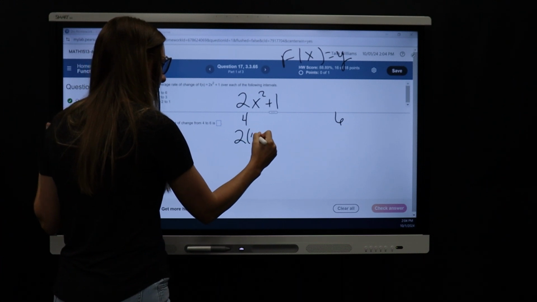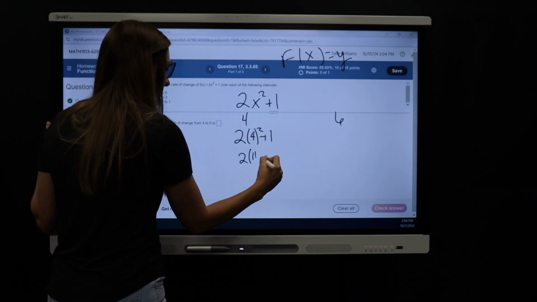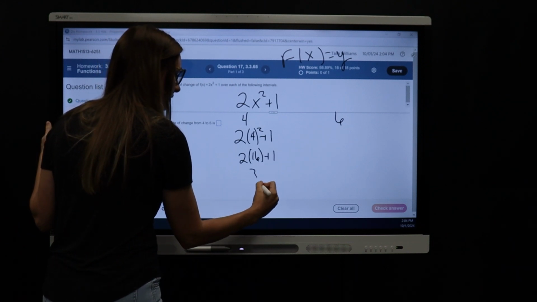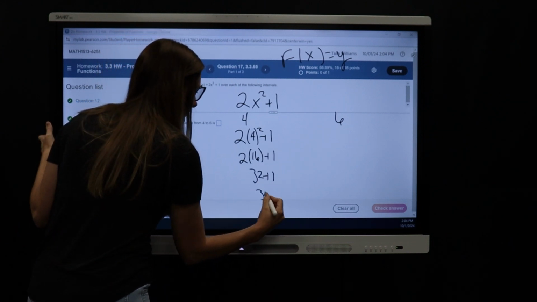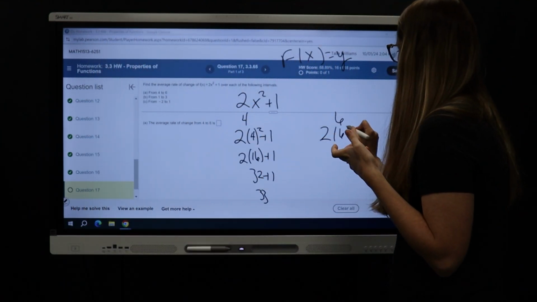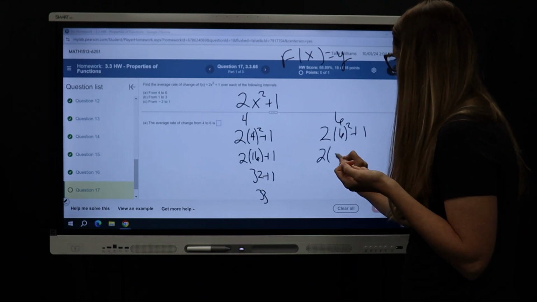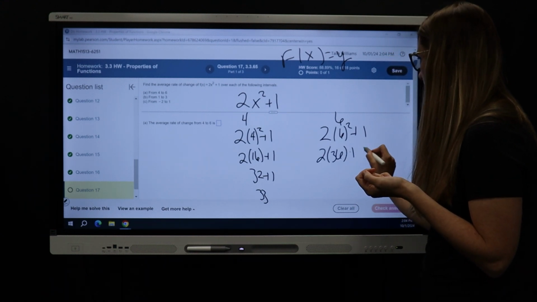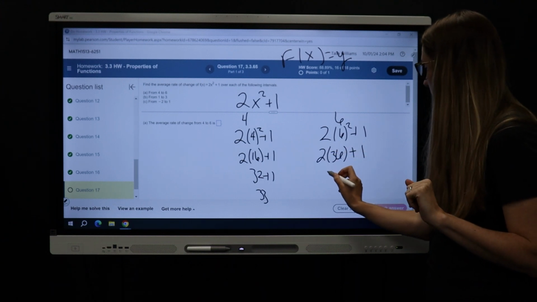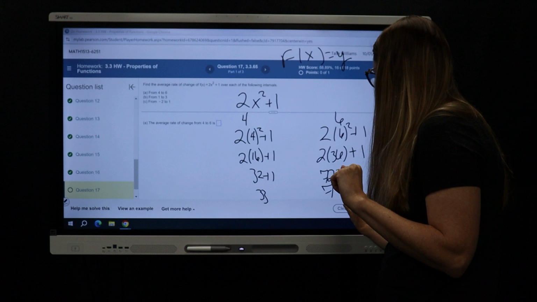So we're going to have 2 times 4 squared plus 1, so 2 times 16 plus 1. Then here we're going to have 2 times 6 squared plus 1, which is 2 times 36 plus 1. 2 times 36 is 72 plus 1 is 73.